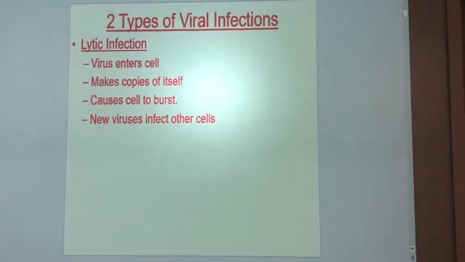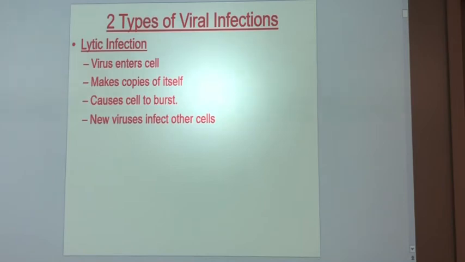New viruses are released. Let's say one virus infects, takes over the cell, it produces 10 progeny viruses. The cell lyses, explodes, releases. Now you have 10 viruses going out and infecting 10 healthy cells. Each of these viruses will now reproduce, and each of those 10 cells now produces 10 more viruses.